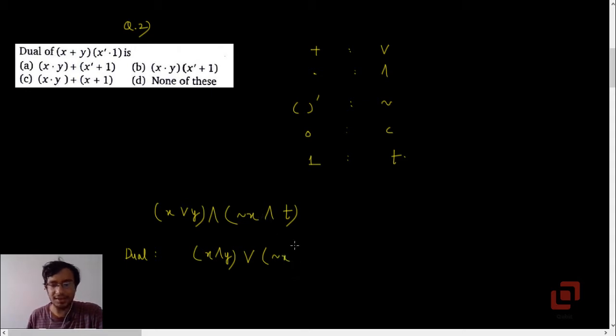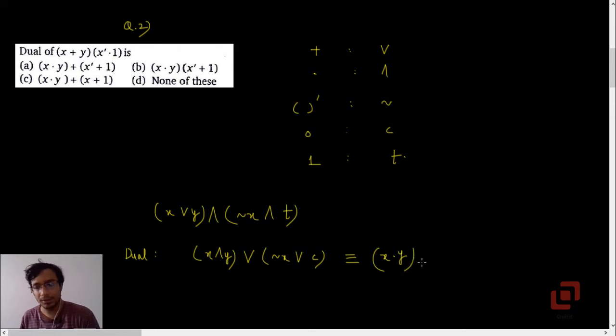This AND gets replaced by OR, tautology gets replaced by contradiction. So what will the dual be? x dot y, plus negation x, or let's say x dot x prime, plus 0.